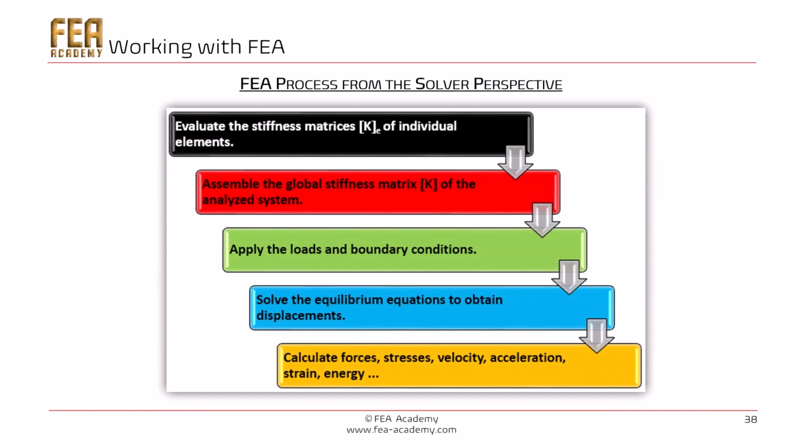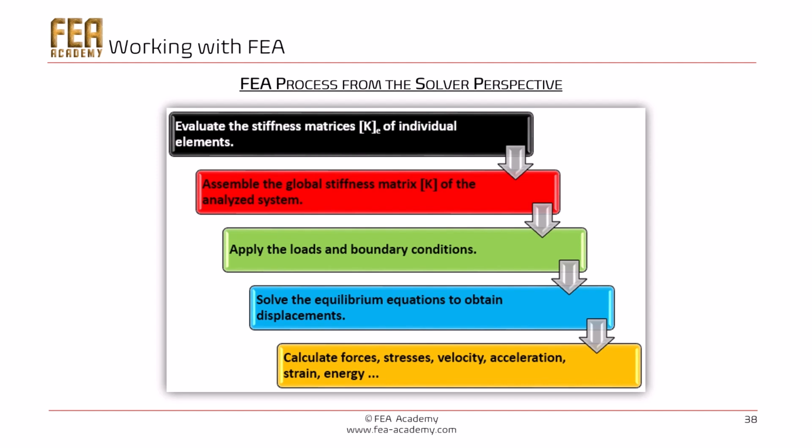Now let's see the FEA process from the solver perspective. First, the solver has to evaluate the stiffness matrices of the individual elements which compose the discretization, the meshing. Then the solver is going to assemble the global stiffness matrix of the analyzed system.